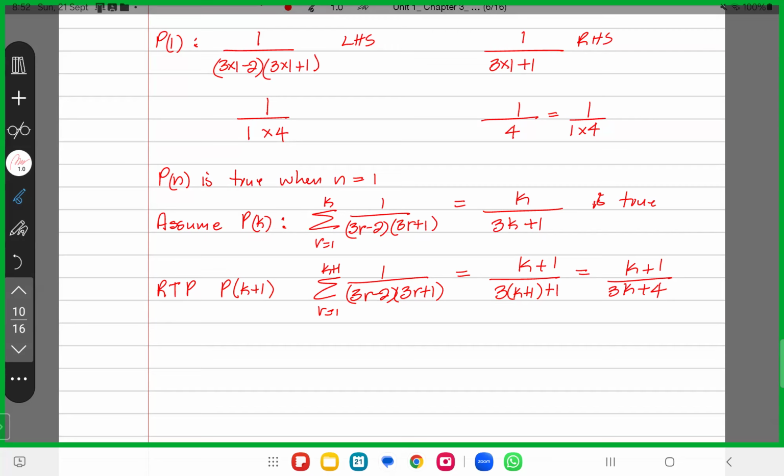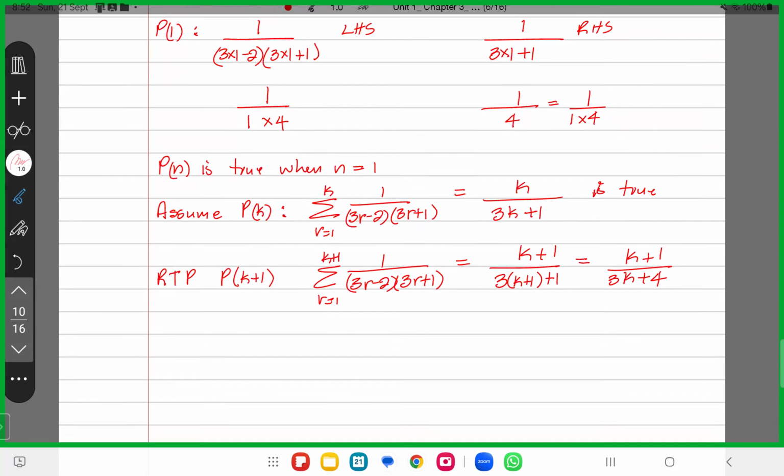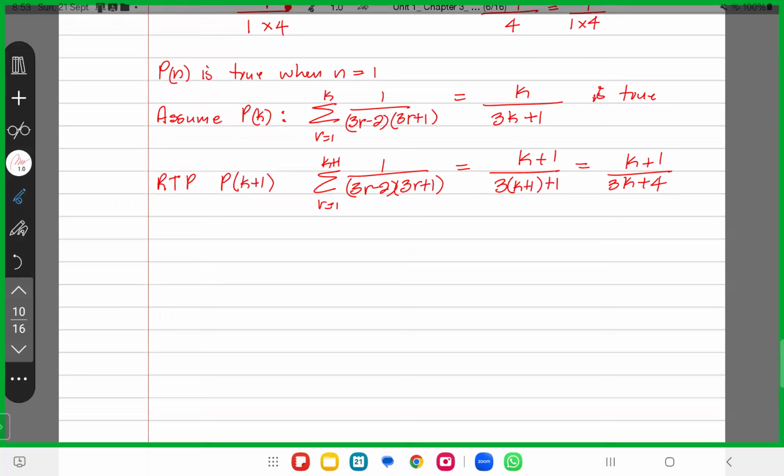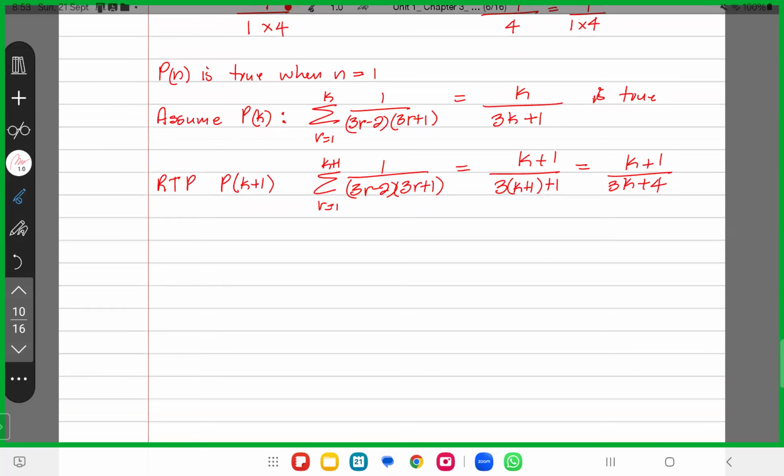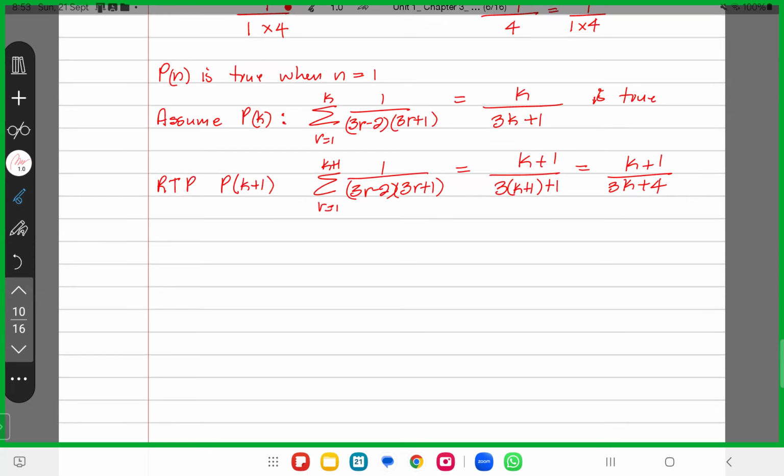To prove step 3, we're going to take the left side. But what you must remember, that with a series, the sum from r is equal to 1 to r is equal to k plus 1 is actually the what? The sum from when r is equal to 1 to k plus the k plus 1 term.